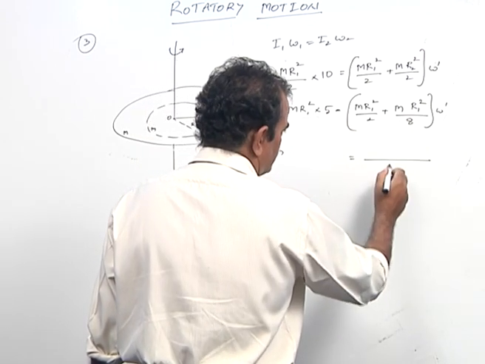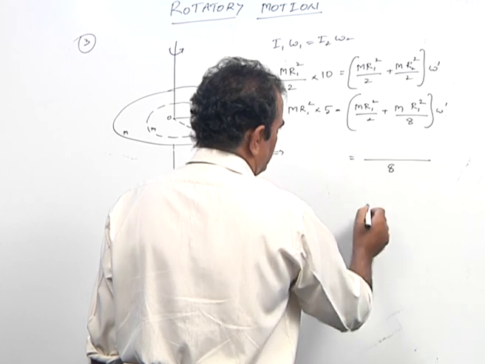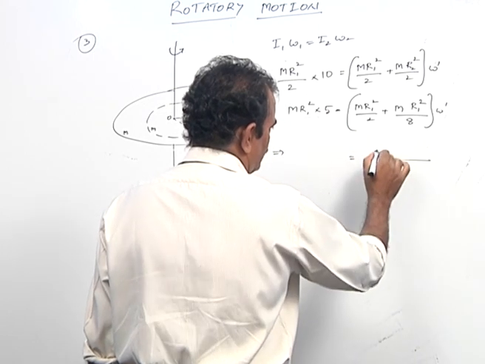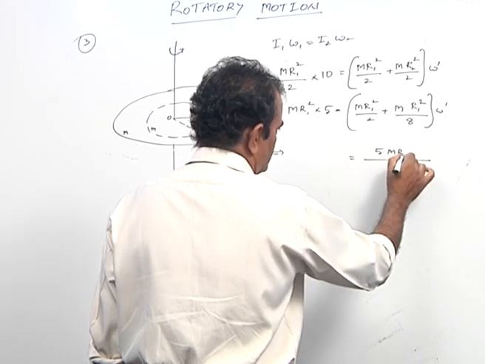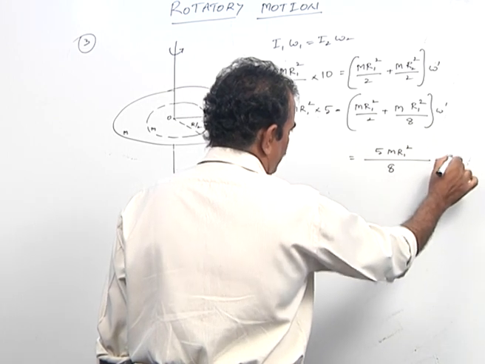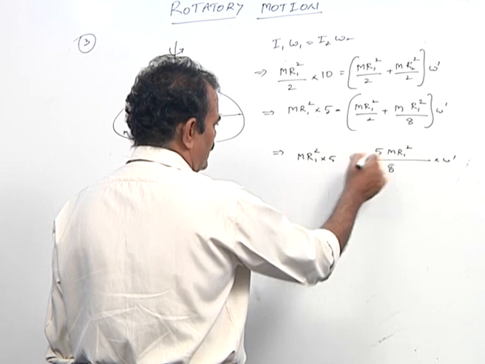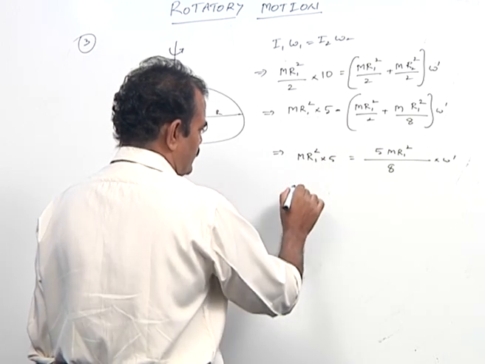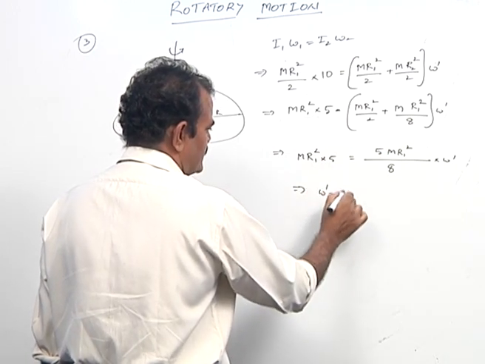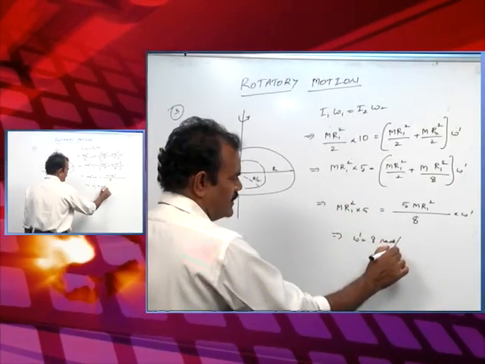When you take the LCM, it becomes 8, 4 times plus 1, so 5 M R1 square times omega dash. The 5 will cancel, and M R1 square also cancels. So omega dash is equal to 8 radians per second.